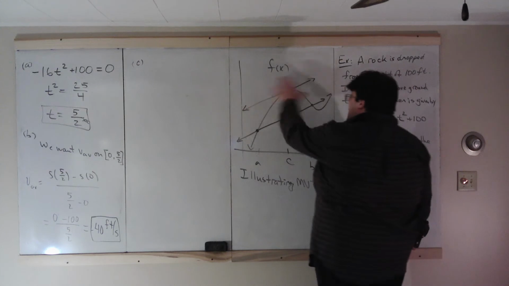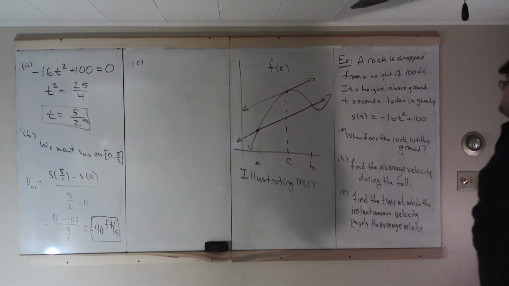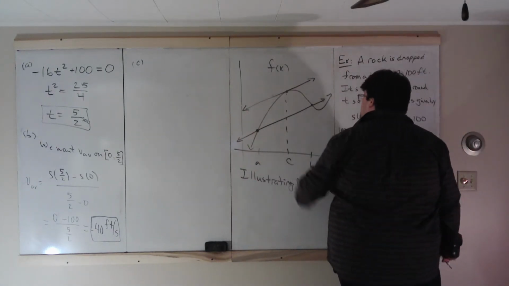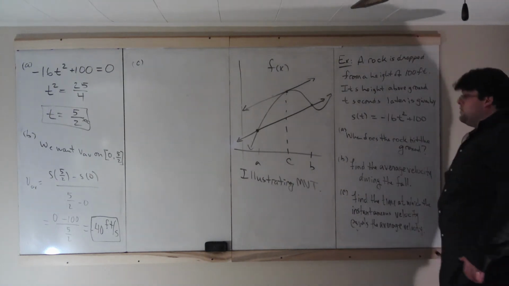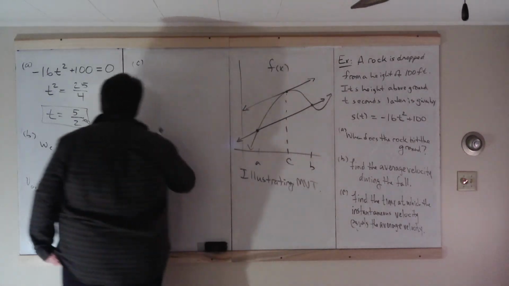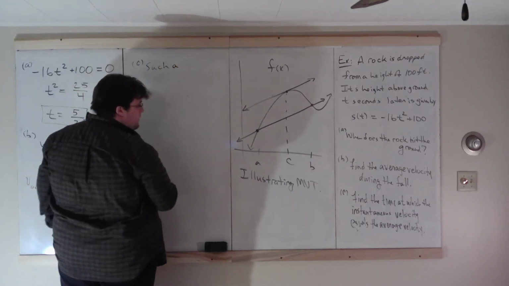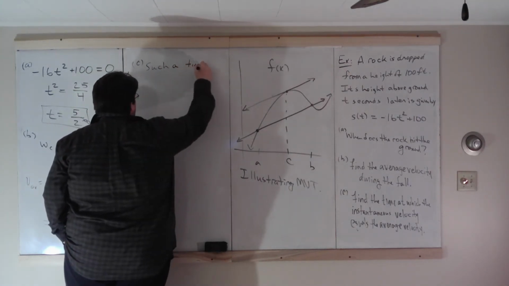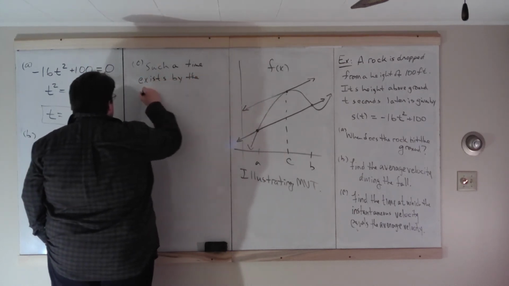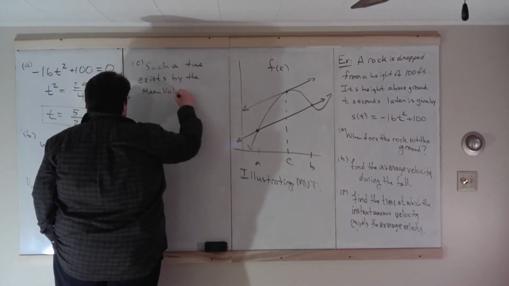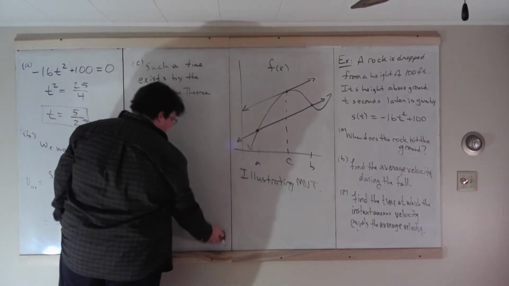Well, we're looking for exactly this diagram, this visual, and we're trying to find the value in the middle where that is true. So in part C, I'll just write, before even doing the answer, such a time exists by the mean value theorem.